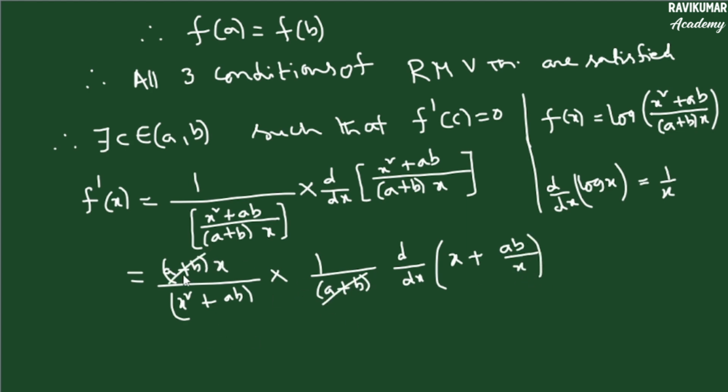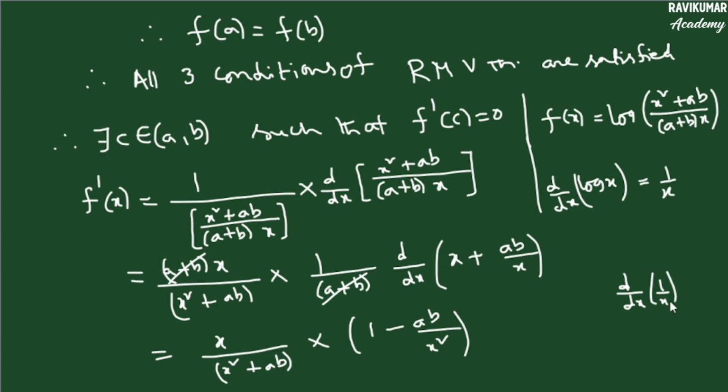Here a plus b gets cancelled. You will get x by (x square plus ab) into, what is the derivative of x? 1 with respect to x, minus ab by x square, because the derivative of 1 by x is minus 1 by x square. Here ab is a constant, so ab into minus 1 by x square is minus ab by x square. So this is f dash x.